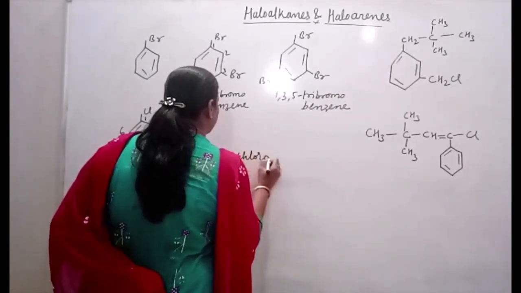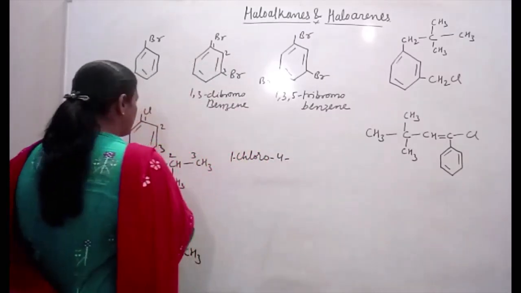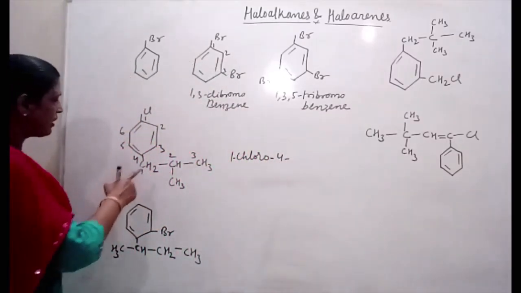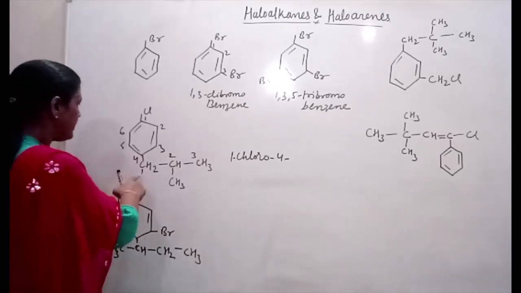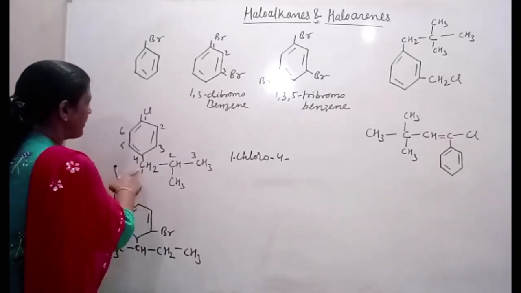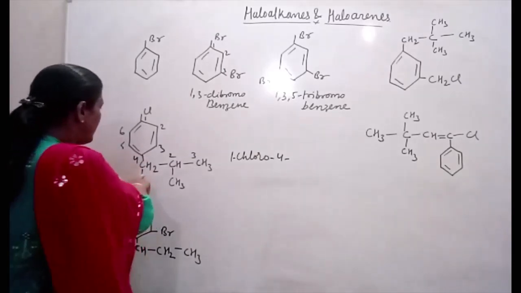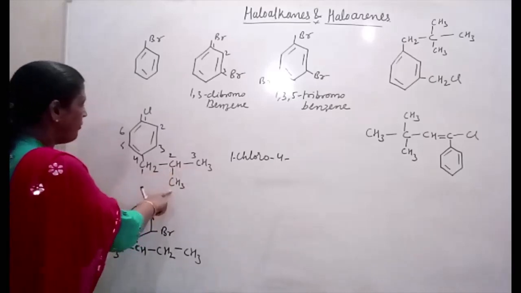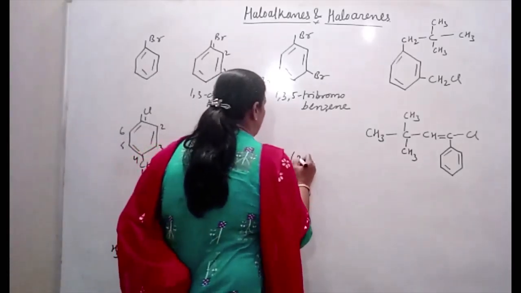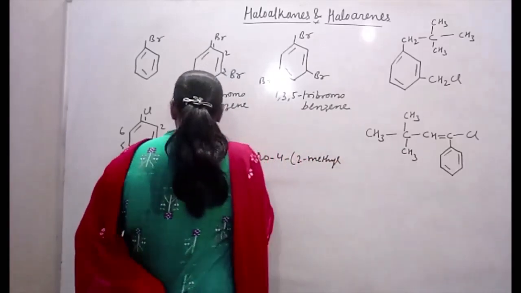Its name is 1-chloro-4. The fourth position contains a complex group, and always number 1 is given to the carbon which is directly attached to the main parent chain. So 1, 2, 3, 2-methyl propane.